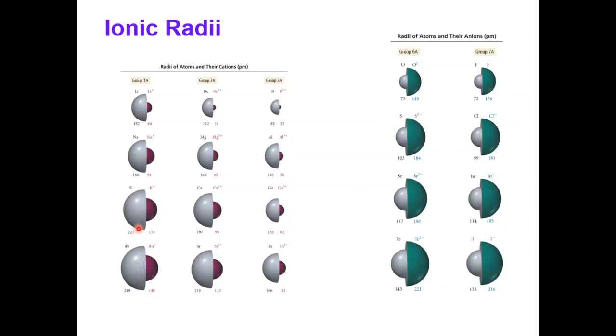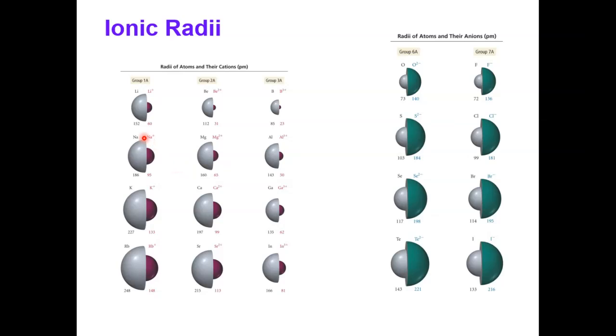So in our isoelectronic series, we have O2-, F-, Na+, Mg2+, and Al3+. Can you see the size of the ions decreases here between O2- and F-?